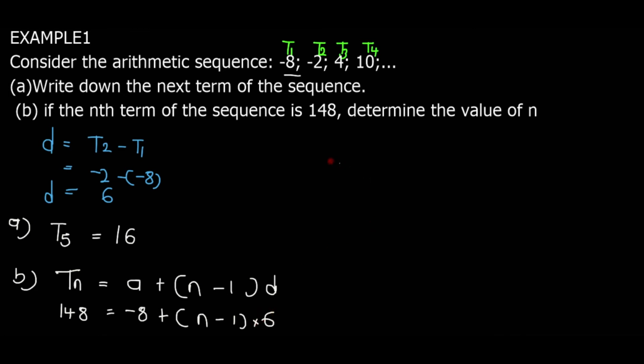So 148 is equal to -8 plus 6 times n minus 1. We try to break out the bracket, so we can get the value of n outside the bracket. So 6 times -1 is -6, and then 6 times n is 6n.